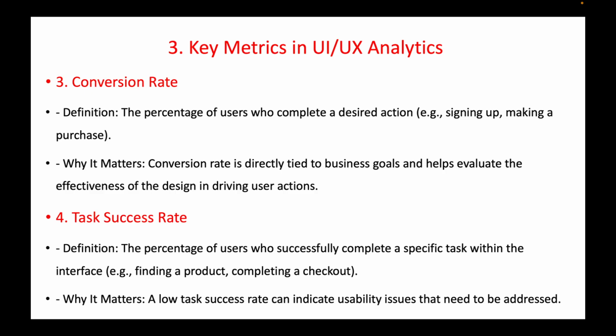4. Task success rate. The percentage of users who successfully complete a specific task within the interface, example, finding a product, completing a checkout. Why it matters? A low task success rate can indicate usability issues that need to be addressed.